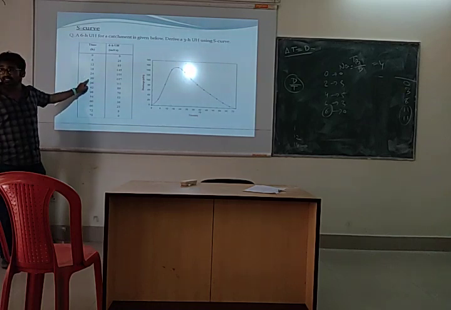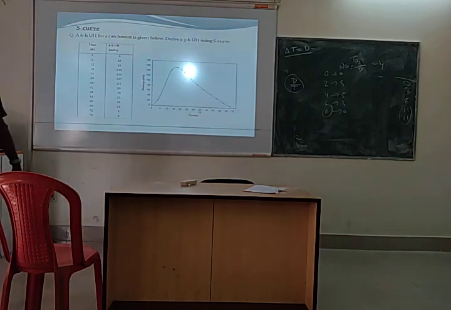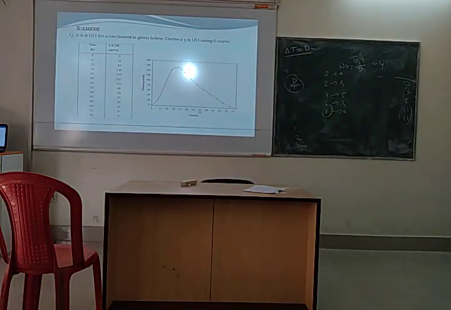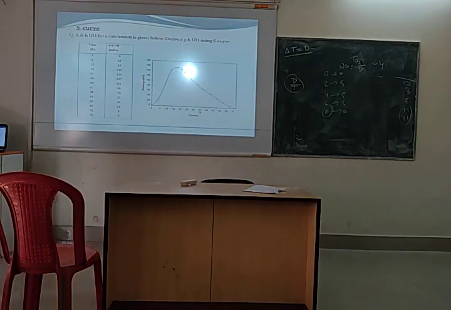So the intervals are given in terms of D. But whenever you are trying to find out the 3-hour unit hydrograph, obviously the intervals cannot be 6, 18 and so on.